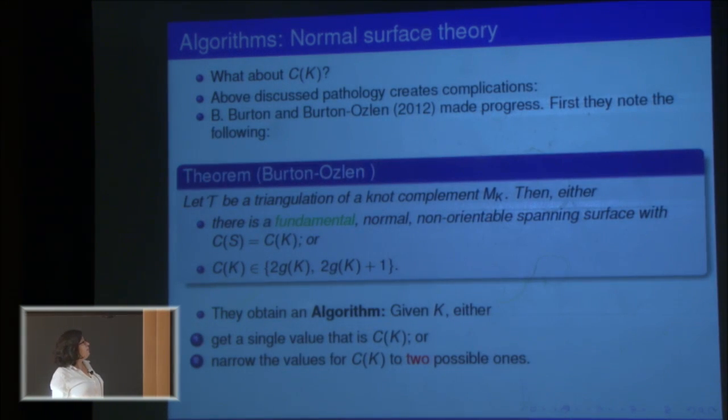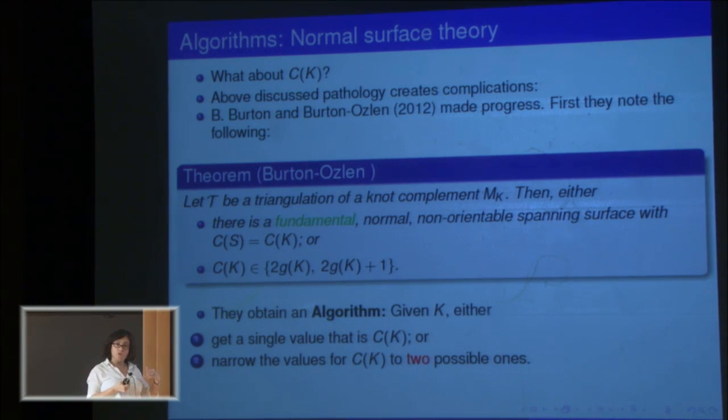Ben Burton and Ozlen studied this problem, to what extent this normal surface argument can produce a single answer. What they found, the first sticky point, is that first of all, you don't know that there is a normal surface that even realizes C(K), and then you don't know that there is a fundamental one.